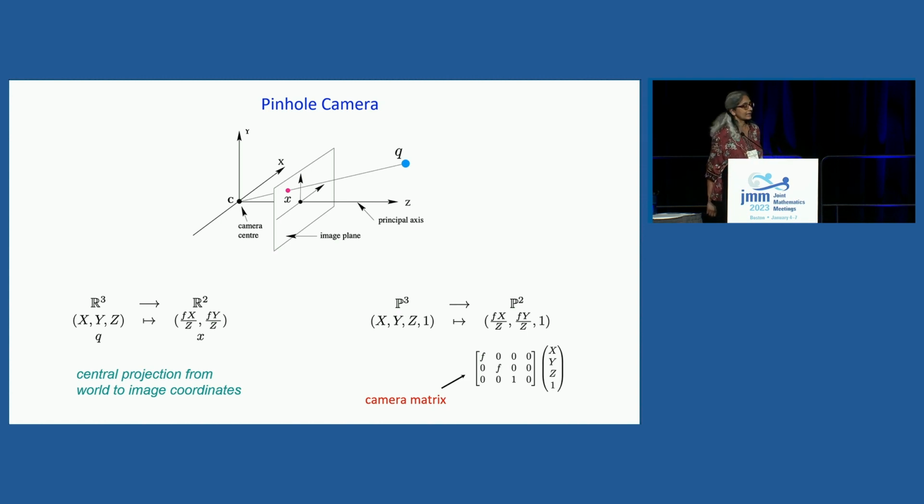And because we're working in projective space, you can scale the image point by Z, and therefore you can rewrite the image as the product of this 3x4 matrix, which is called the camera matrix, times the input, which is the coordinates of the world point. Okay, so this is basically the pinhole camera map. It is a central projection from the world to the image coordinates.